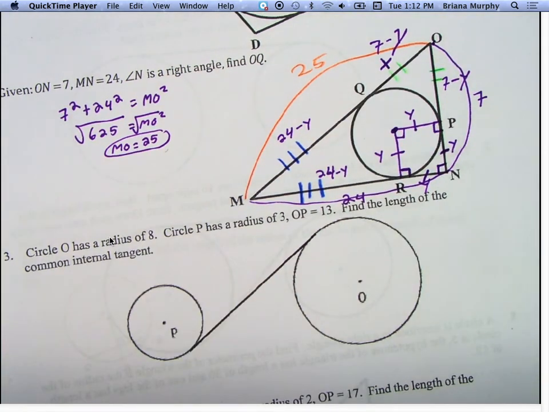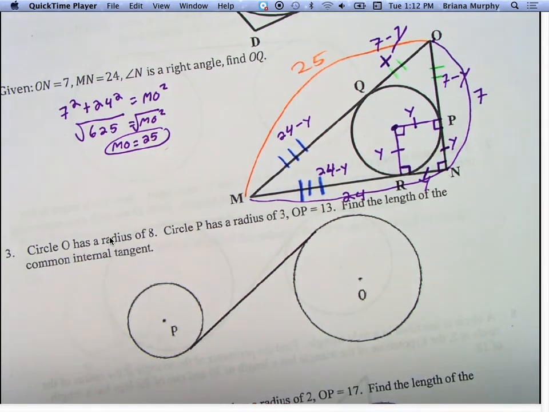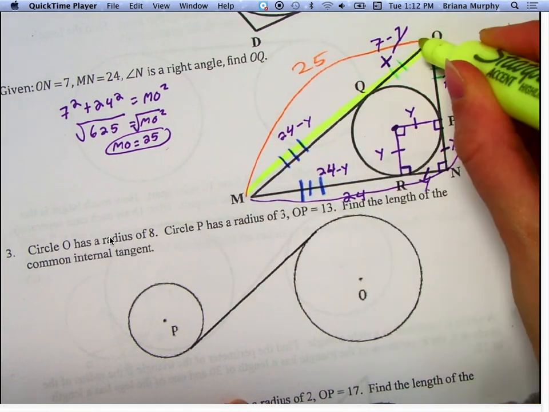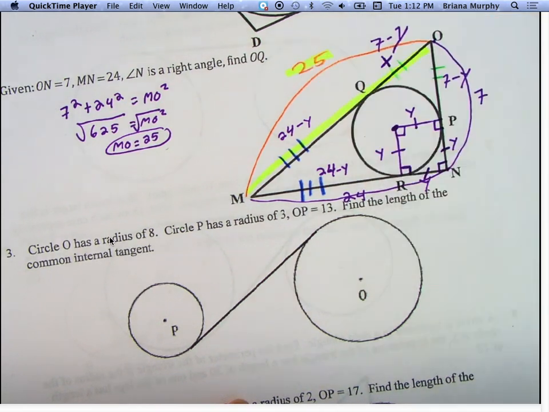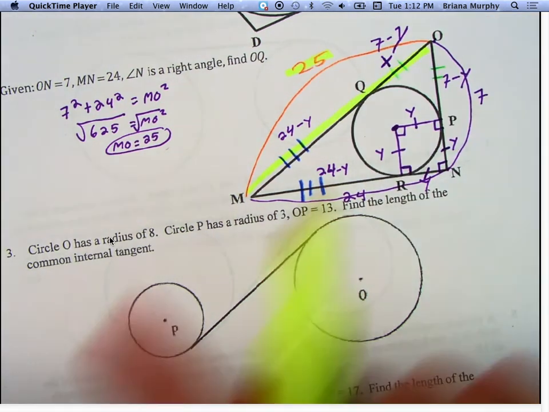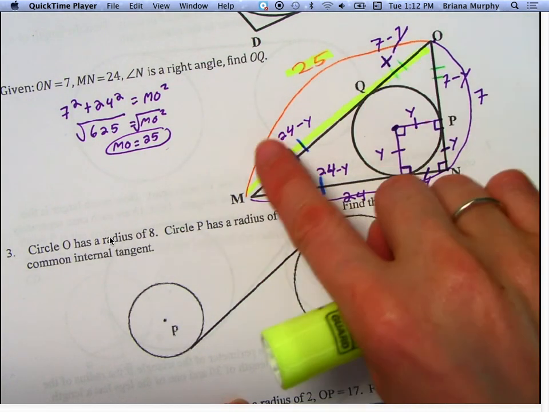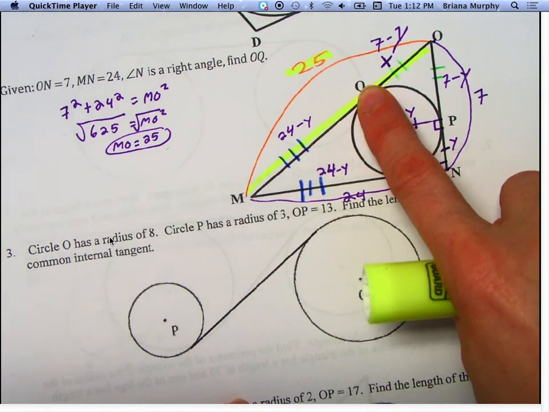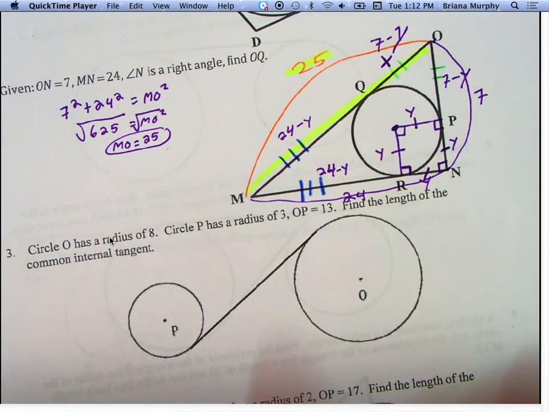Okay, now I want you to look just right up here. I have M to O, this whole length, is equal to 25, right? Do I have those two parts broken up? I have 24 minus y is M to Q, and Q to O is 7 minus y.